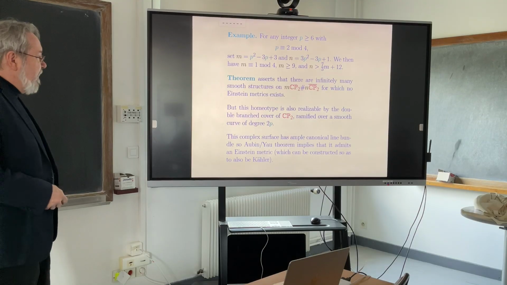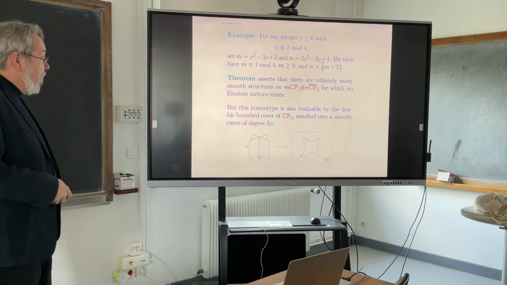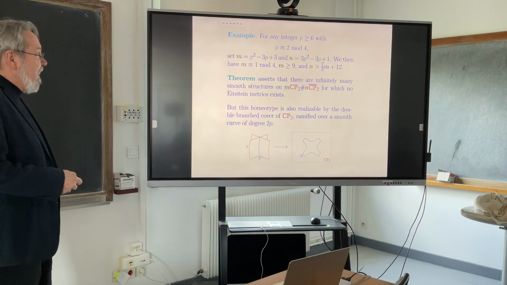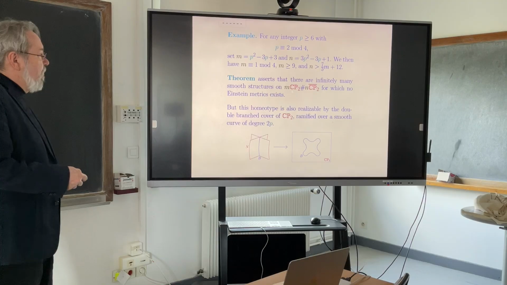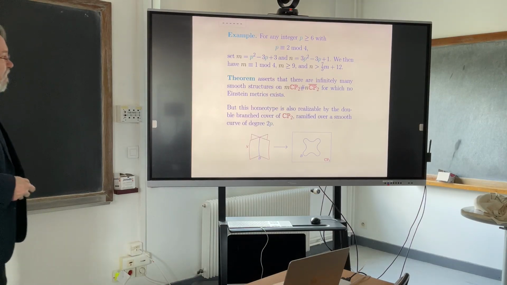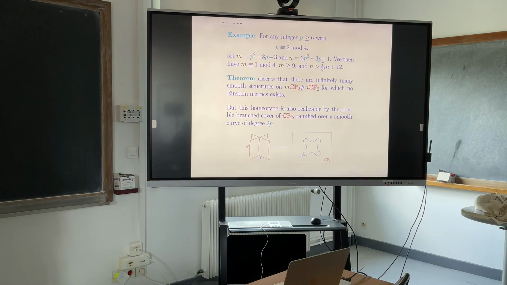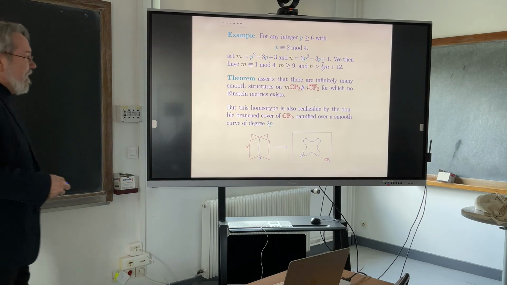So it turns out these double branch covers also have B plus equal to m and B minus equal to n, and by Freedman's theorem, since they're not spin, they are homeomorphic to m CP2 connected sum n CP2 bar.